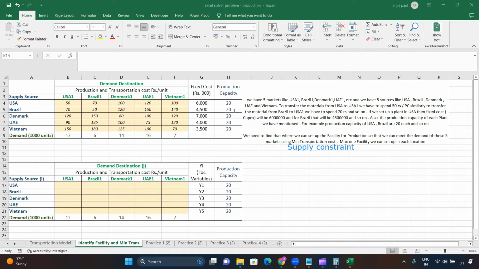So if we want to build a mathematical model, we can say x11 plus x12 plus x13 plus x14 plus x15 should be less than or equal to 20 y1.